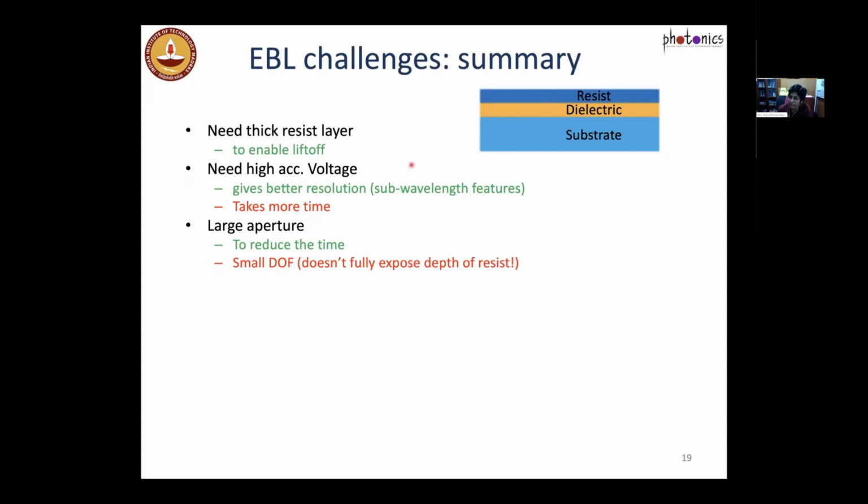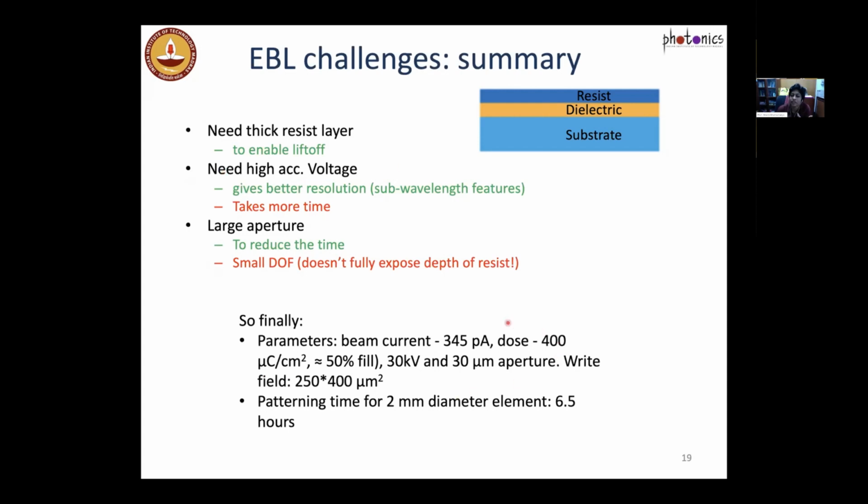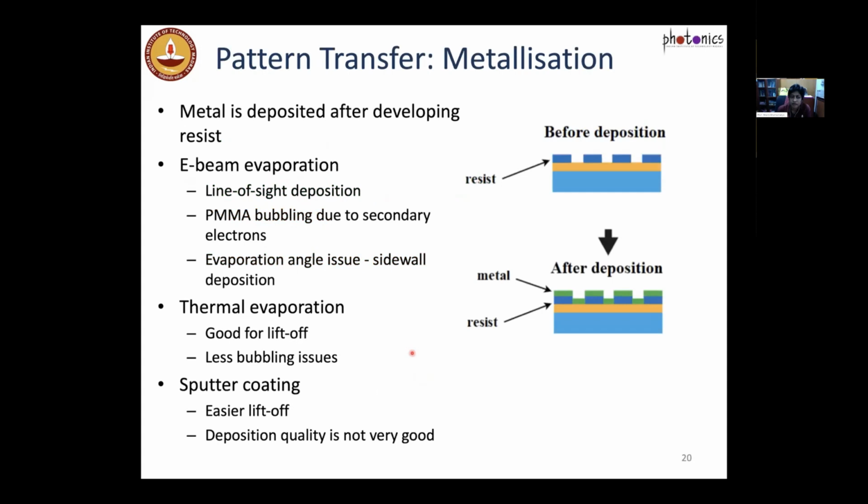So we have to play around with these different parameters, and we have done that and arrived at a set of parameters that works for our e-beam system, given that the maximum accelerating voltage we could go to was 30 kilovolts.